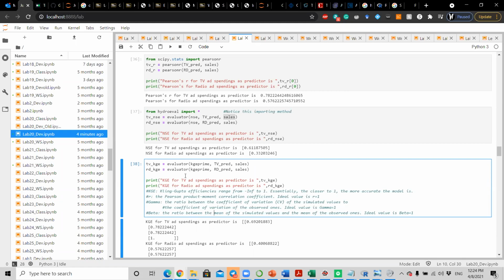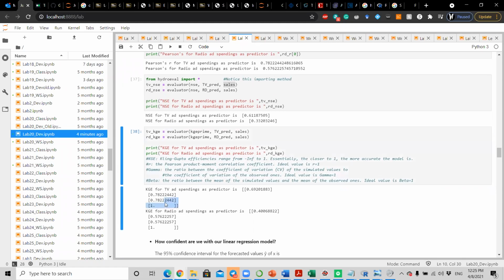Now, when you run it for your first model, these are the 4 numbers that you get. The first one is your KGE score. Let's not think about that yet. What is this number? Is it your R? That is my Pearson's R, and if you notice, it's identical to this number that I had calculated up there.